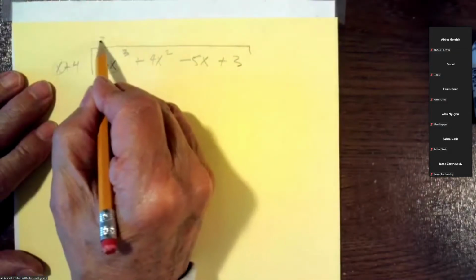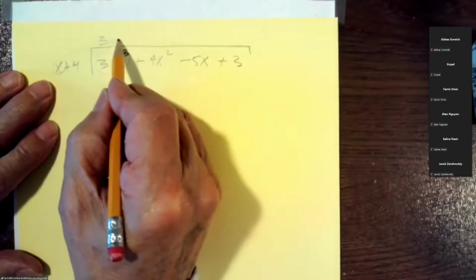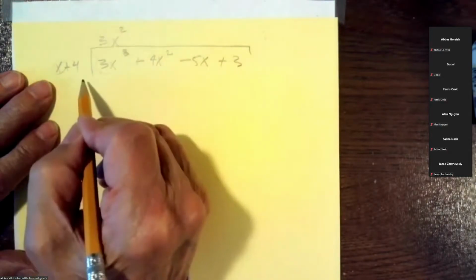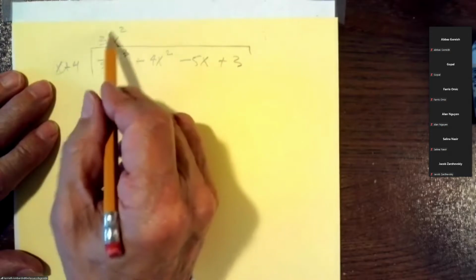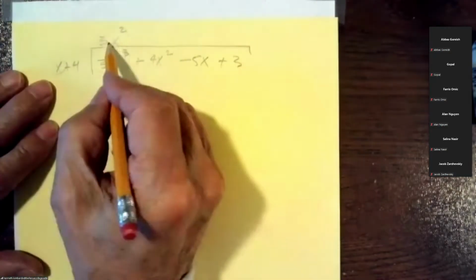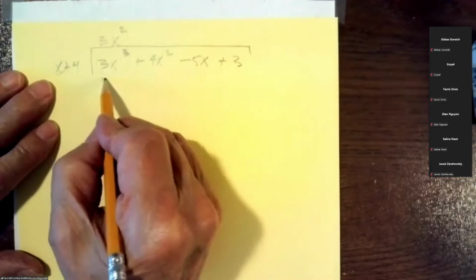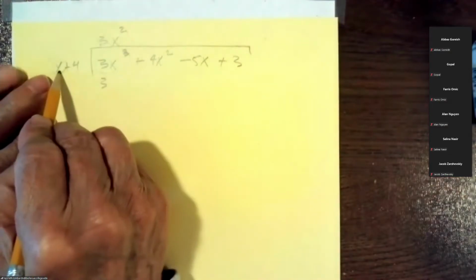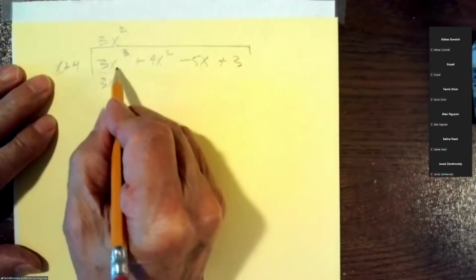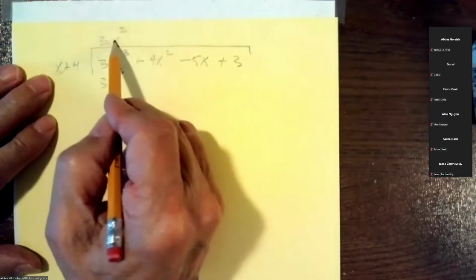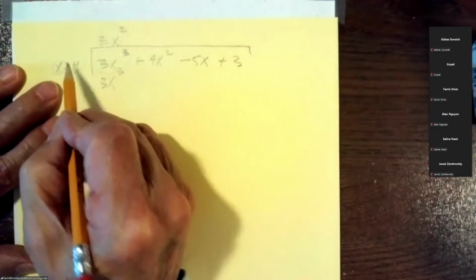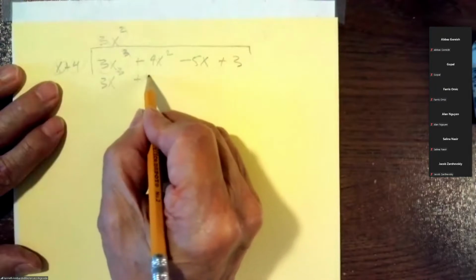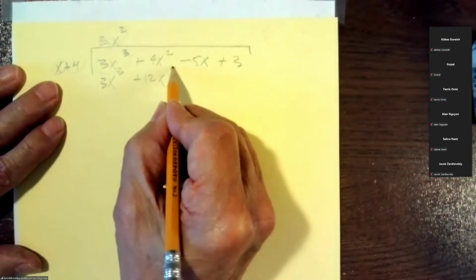Well, I need an x squared here, don't I? So when I multiply what I have here for a quotient, I'll get 3x squared times x is 3x cubed. And then this quotient times the other term, 4. 4 times 3 is 12x squared.